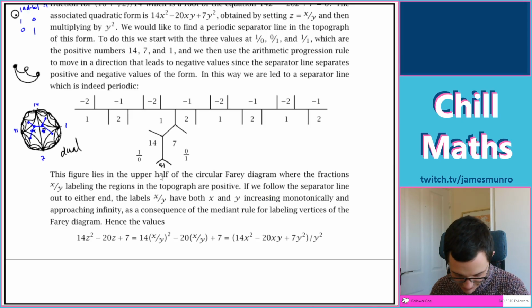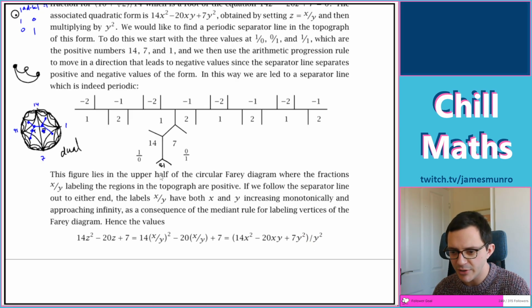If we follow the separator line out to either end, the labels for both x and y increase monotonically. You keep doing the median rule. Yep, so these values, which are like this. Oh, but it's periodic.